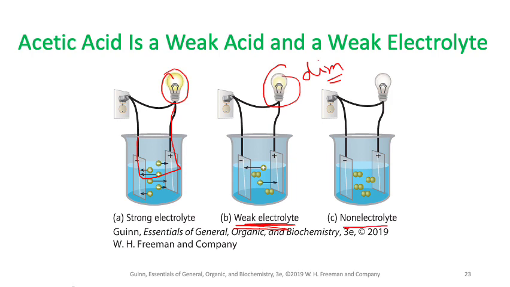But if the solution is a non-electrolyte, which we already talked about, meaning no ions present in the solution, then no complete circuit forms. That's why you don't see any light coming out from the bulb. So this is how you can also decide whether the acid is weak or strong.